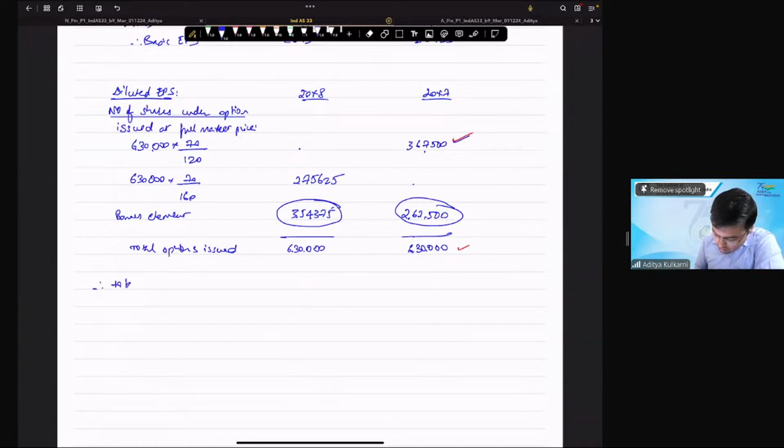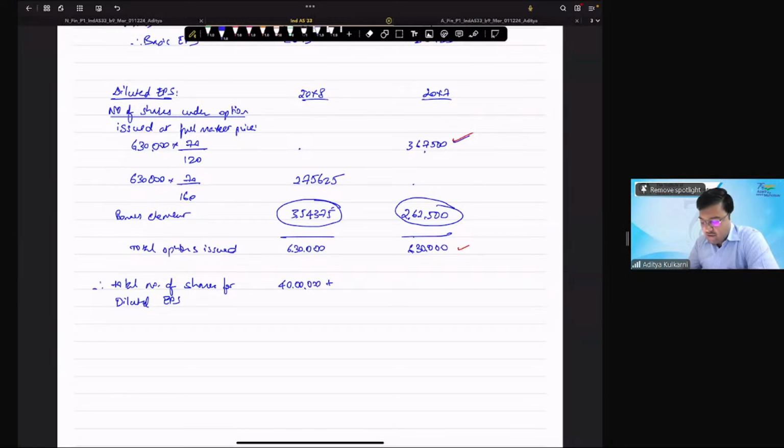Therefore, total number of shares for diluted EPS will be 40 lakh basic plus how much will you add? 6,30,000 and 3,54,000 and 2,75,000. Will you take this, or this, or this?